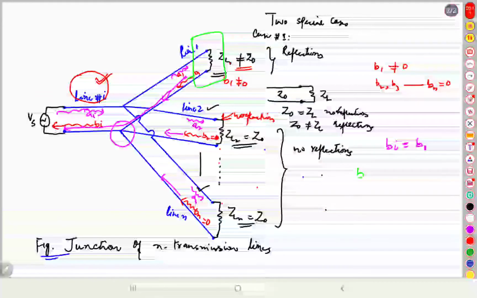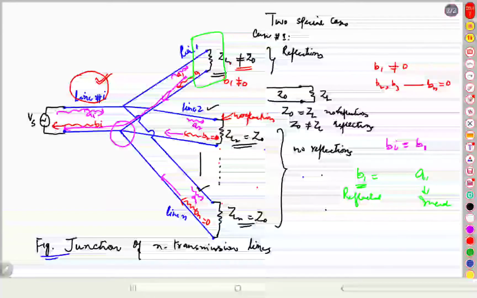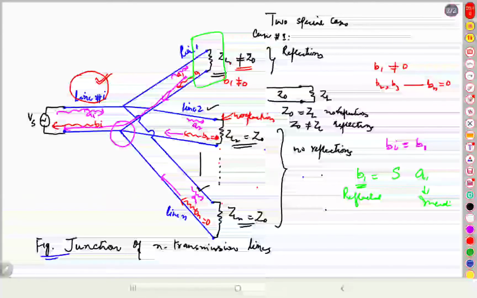B1 is related to A1. B1 is the reflected wave, A1 is the incident wave at port 1. A1 corresponds to the incident wave, B1 corresponds to the reflected wave. They are reflected by something. Let me designate that by SI1.